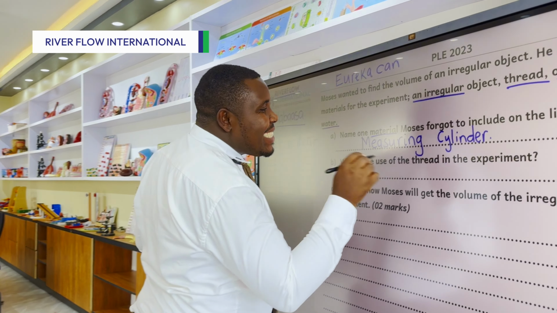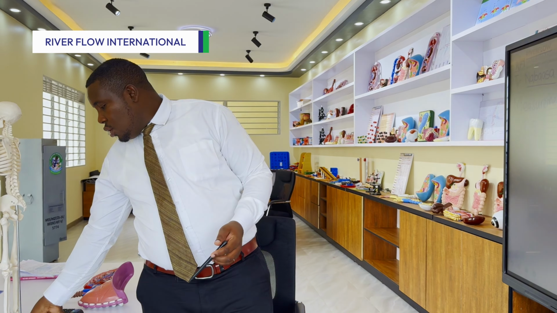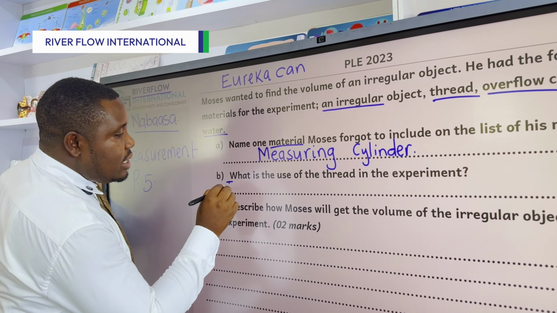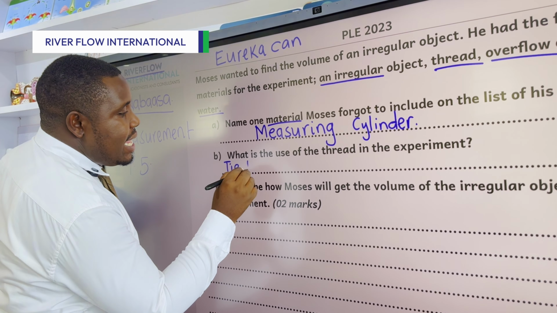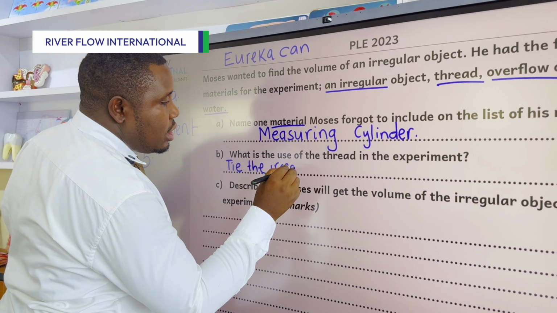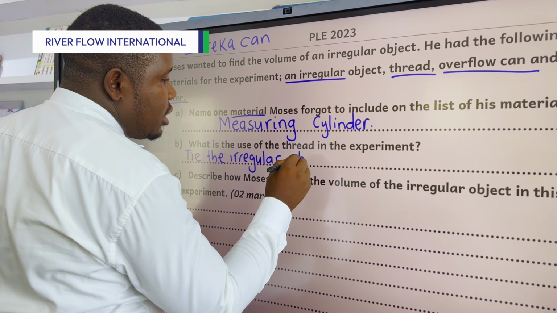Now, what is the use of the thread in this experiment? You can see the importance of the thread. It is used to tie the irregular object, and this thread will help us to immerse it. So we are going to say that the thread is used to tie the irregular object.